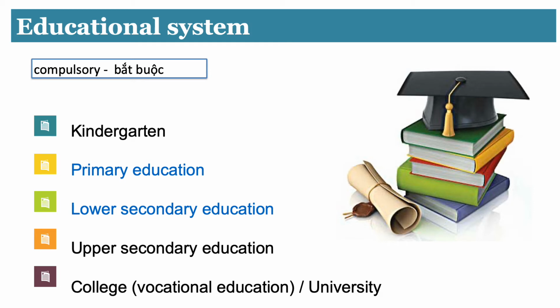Out of all of them, we have compulsory, means must have education. So how do you think, which of these are compulsory? Primary and lower secondary education is compulsory in most countries in the world, including Vietnam.